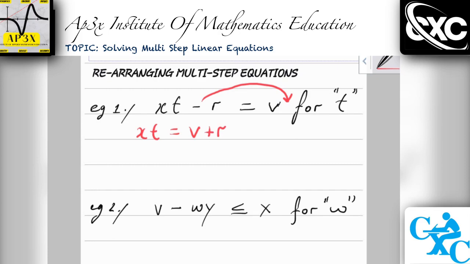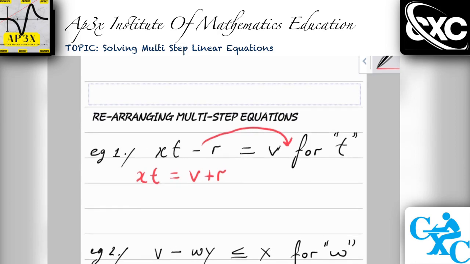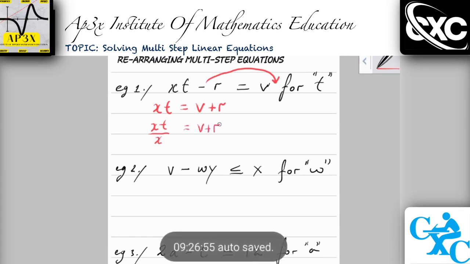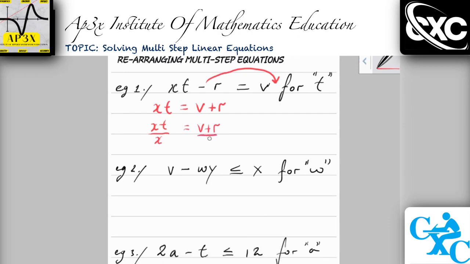And so therefore, I only have one term connected to my intended subject, which is x. So I'm going to be splitting the product of the x and the t. So we're going to have xt divided by x equal to v plus r. Remember, we have to keep the equation balanced by doing the same operation on the right hand side.